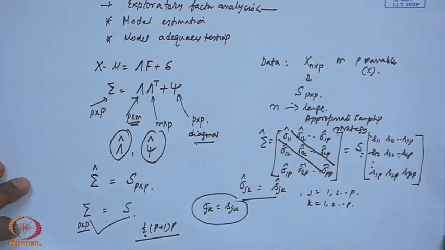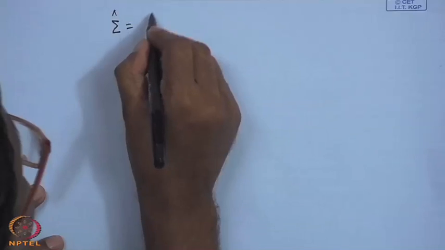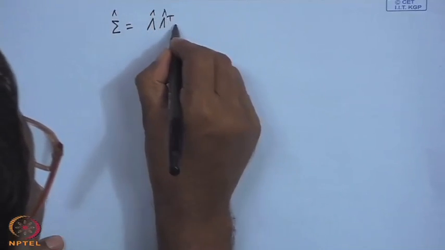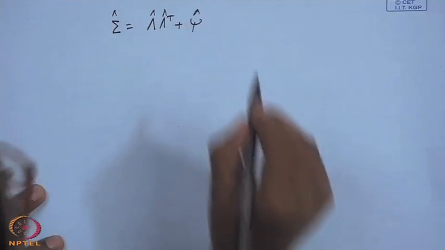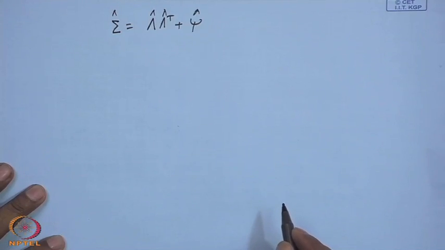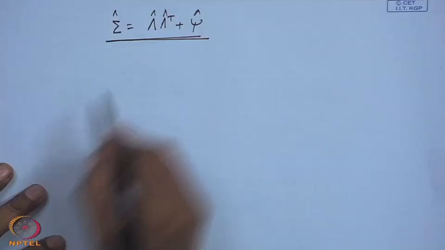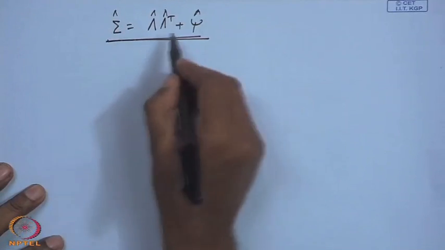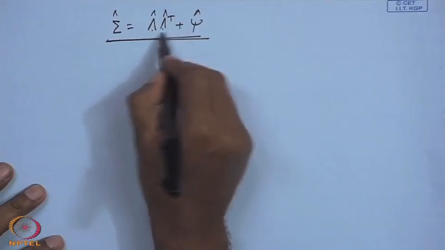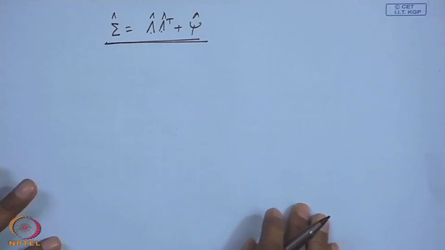Okay. That means essentially what we are assuming here is that we want to estimate sigma, which is lambda cap lambda cap transpose plus psi cap. That is what we want to do. Basically, using these estimates, we want to find out estimates of these values.